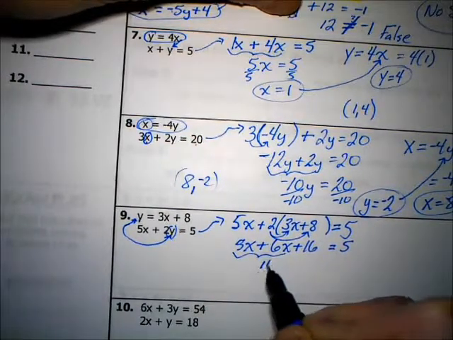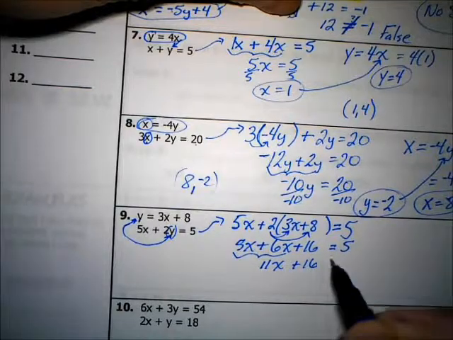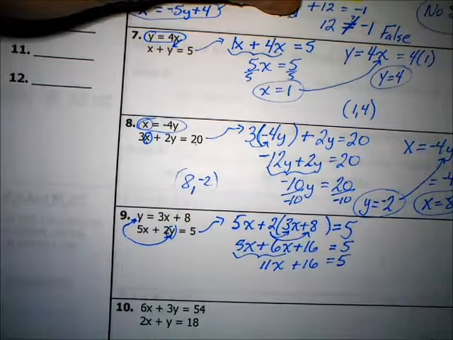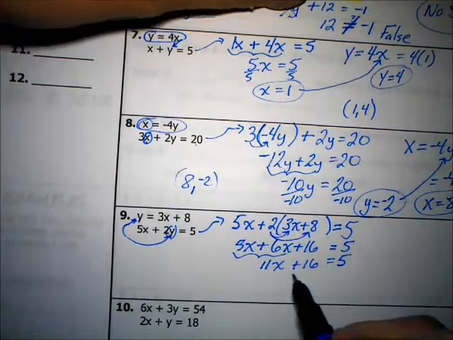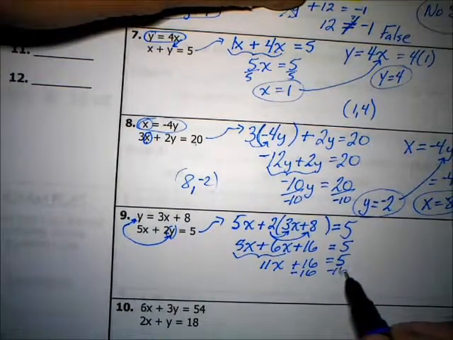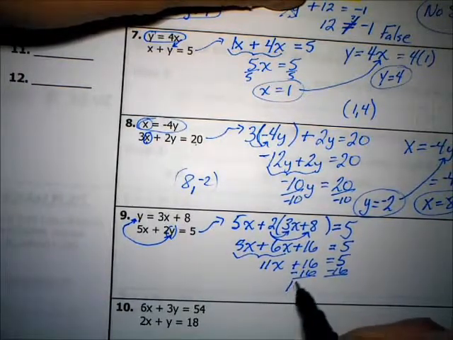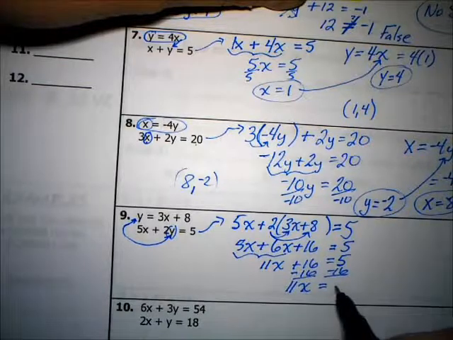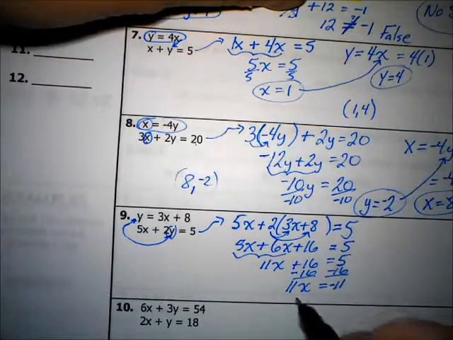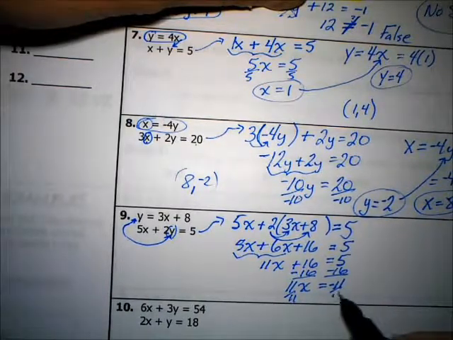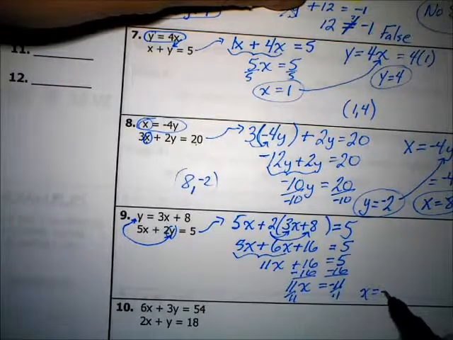Combine like terms, I now have 11x plus 16 is equal to 5. I'm going to subtract 16, and that gives me 11x is equal to negative 11. Divide by 11, and that tells me x is equal to negative 1.